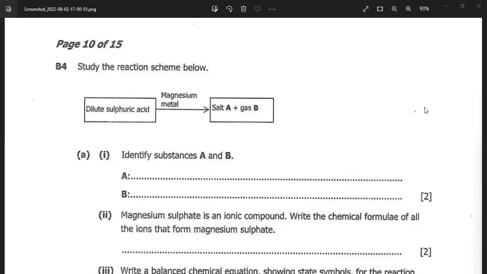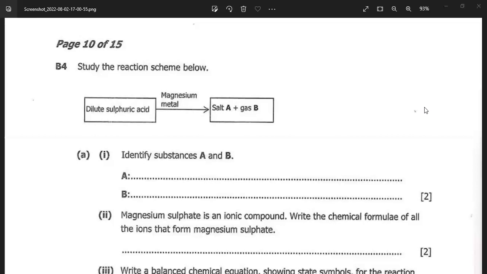Because in chemistry, it's not about you knowing exactly the specific elements, reactants, and their exact products. You're supposed to just know them in general. I'll give you an example. When a metal reacts with an acid, what is formed?